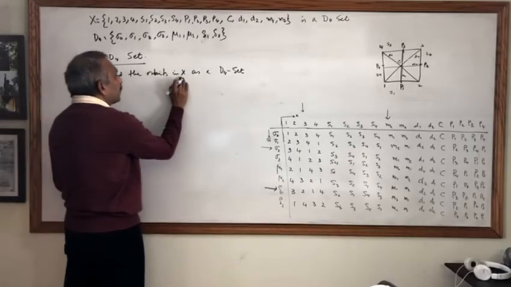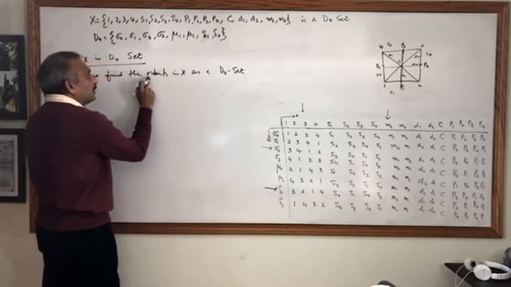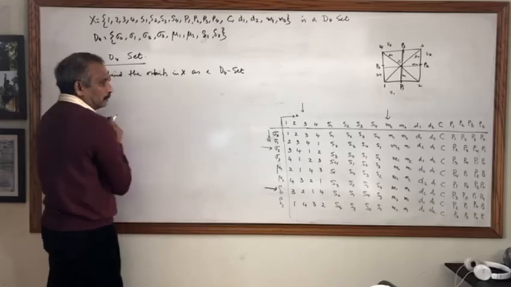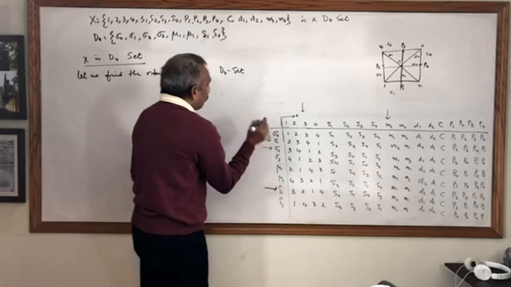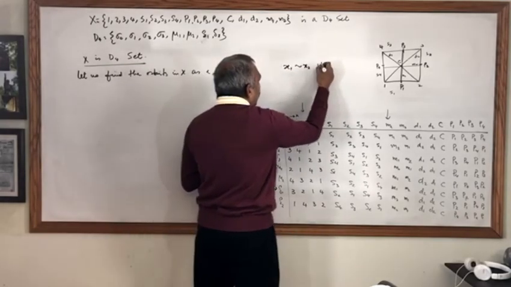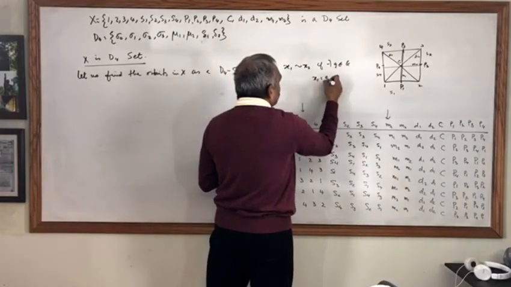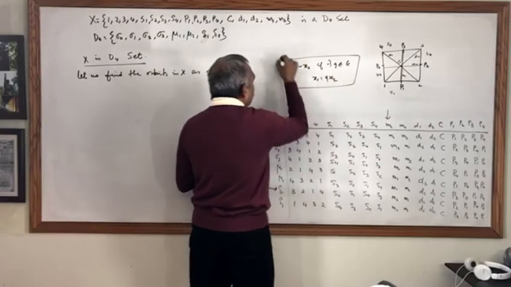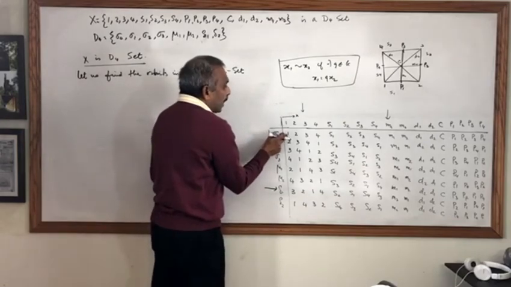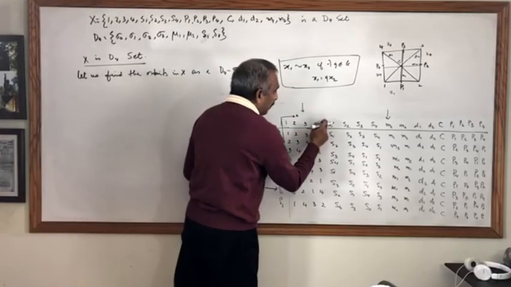It is a collection of disjoint subsets of X that is formed by the equivalence relation. See, X1 is related to X2 if there exists a g in G such that X1 is equal to gX2.